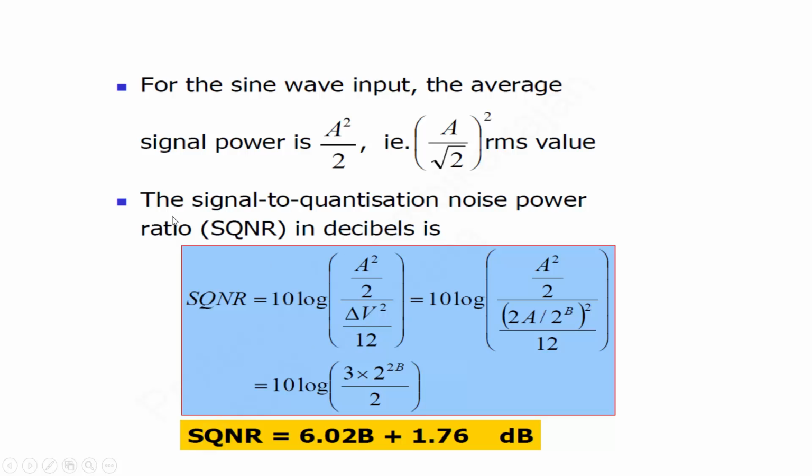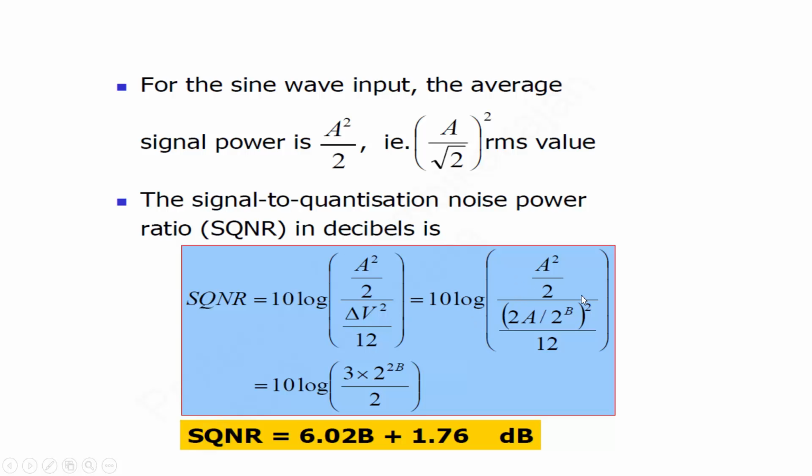Now let's see what the signal to quantization noise power ratio in decibels is. SQNR is 10 log because it's the case of powers, so that's why this 10 is here. 10 log of the signal power, A square by 2, over the noise power, delta V square by 12. We have already derived these.